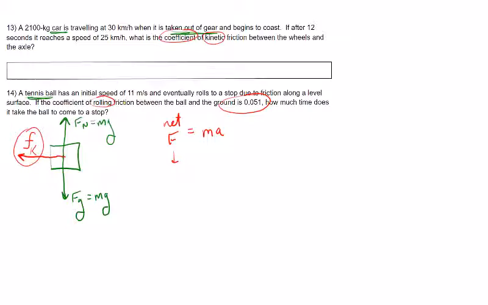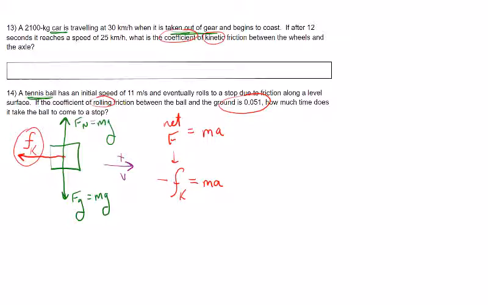Since the object is moving to the right, so this is a velocity to the right, but it's slowing down, I'm going to treat this as positive, so my friction is actually going to be negative. So I'm going to write it as minus Fk equals m times a. Now the reason I'm doing this is I'm going to create a new equation to help us out.